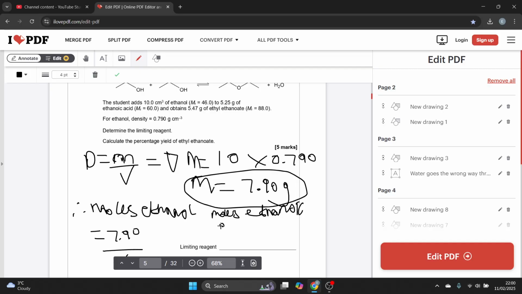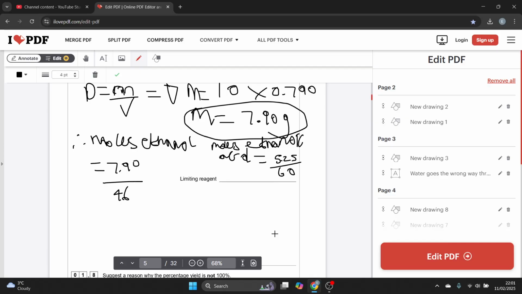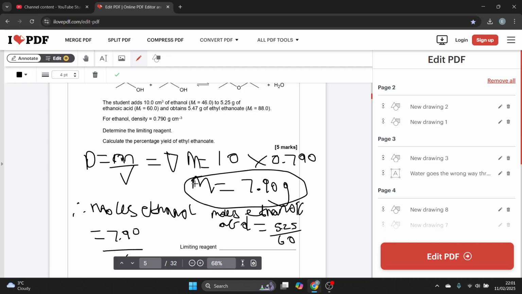I've got ethanoic acid, ethyl ethanoate and ethanol. So moles of ethanoic acid is just going to be 5.25 over 60, and I get 0.0875. Moles of ethanol is 7.90 divided by 46, which is 0.172.